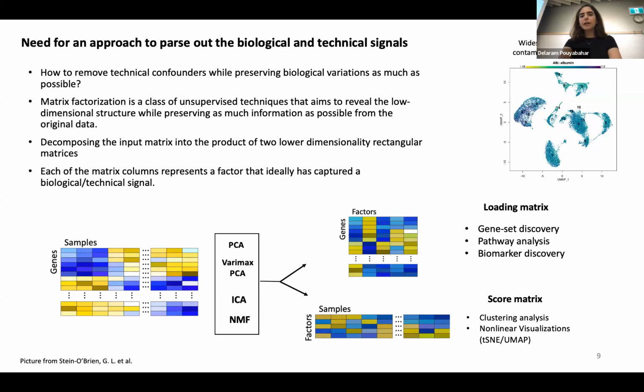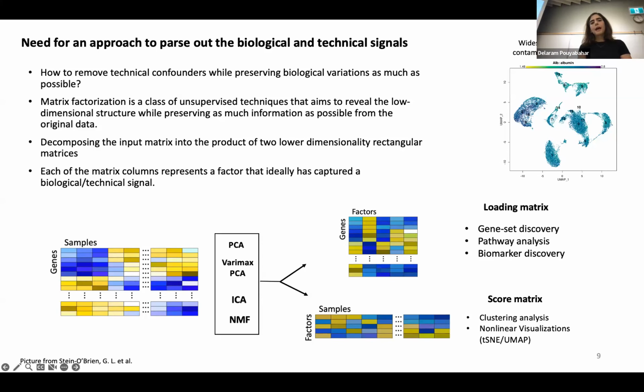Okay, so all these challenges highlighted the need for a systematic approach to dissect the biological and technical variations of the data from each other. Matrix factorization is a class of unsupervised techniques that try to reveal the low dimensional structure of the data while preserving as much information as possible.